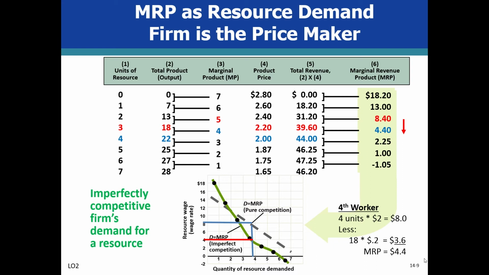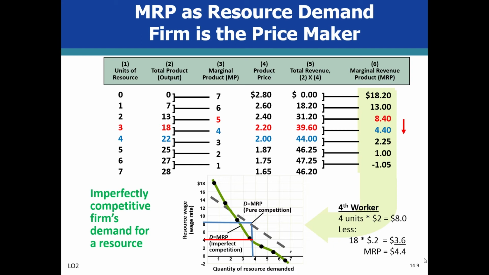The pure competition is shown by that dotted line, but in an imperfectly competitive world, in order to hire the same amount of labor, we will have a wage rate that is much less, the difference between 8 and 4.